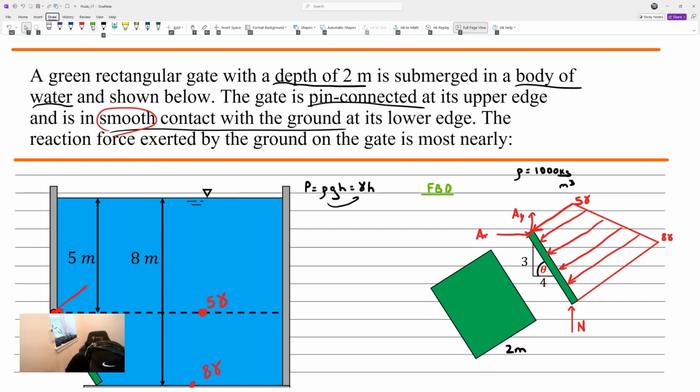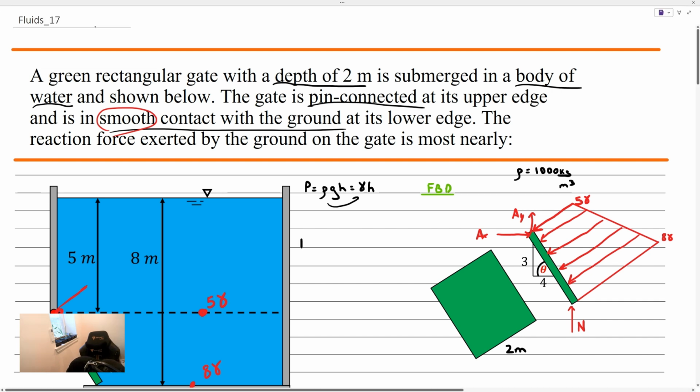A pressure is just a force per unit area, or we can also say that a force is just a pressure times an area. Now, this is true if the pressure distribution is flat, uniform across the surface. But if it's not, then what we can do is integrate that pressure with respect to the differential area. That looks complicated, but all we're doing is taking a little differential area and raising it up to the pressure.